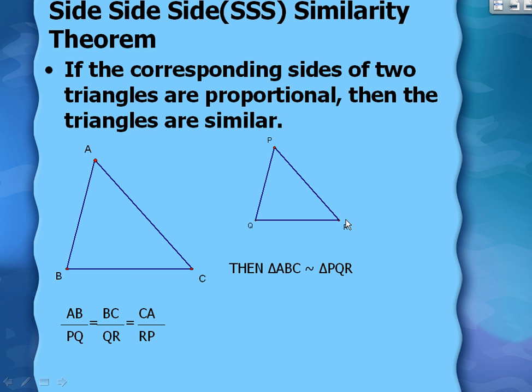Because those sides go with each other, and it's also equal to the length of BC divided by the length of QR, then in that case we know the triangles are similar, okay? Because the corresponding parts all have the same scale factor, right? They're all in the same proportion, okay?